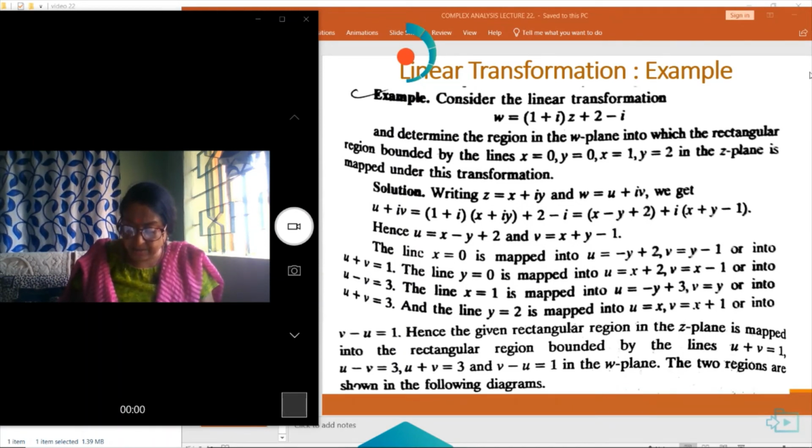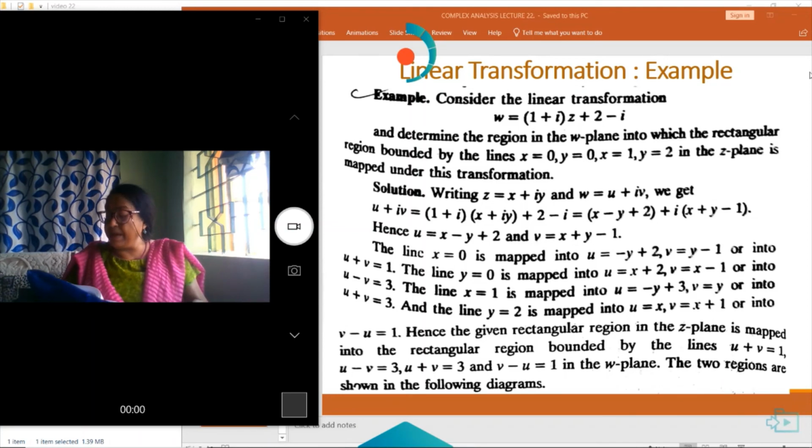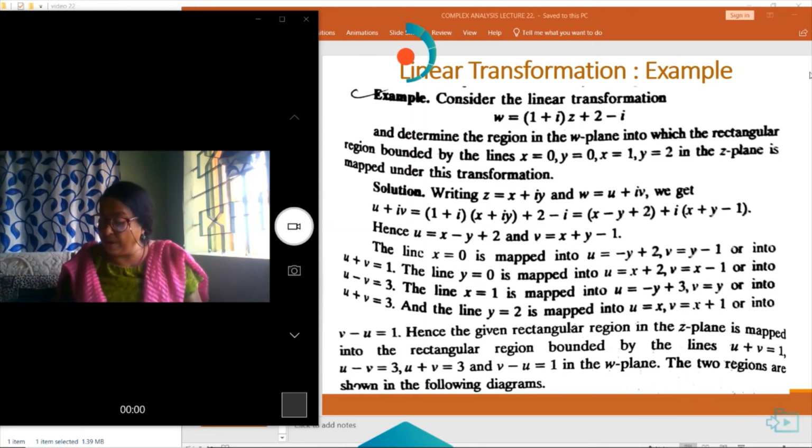When we put x equal to 0, we get u plus v equal to 1, and when y equal to 0 we get u minus v equal to 3, and when we put x equal to 1 we get u plus v equal to 3, and when y equal to 2 we get v minus u is equal to 1.